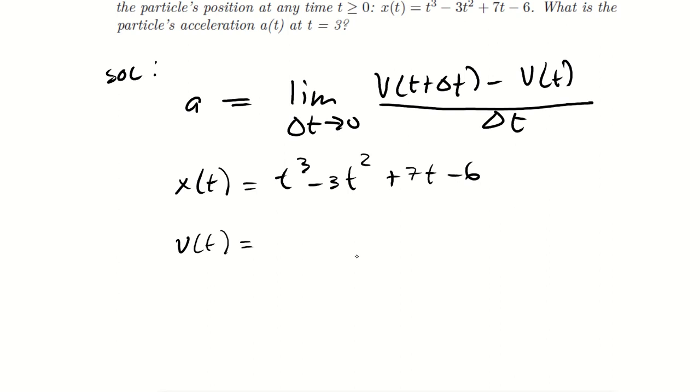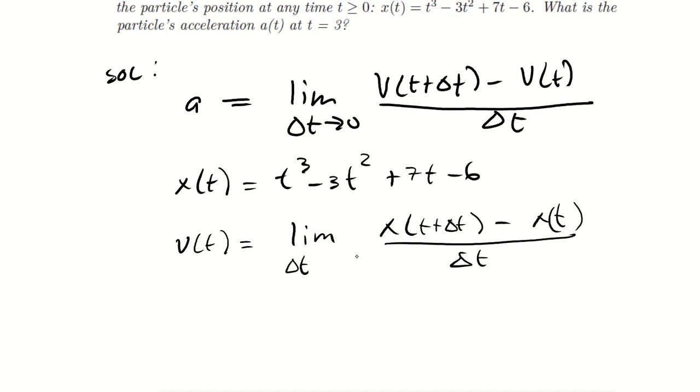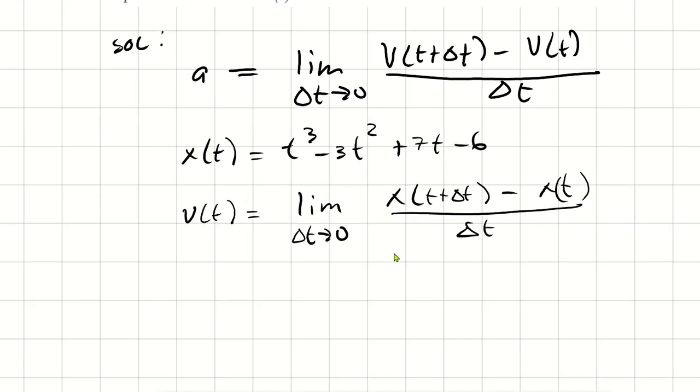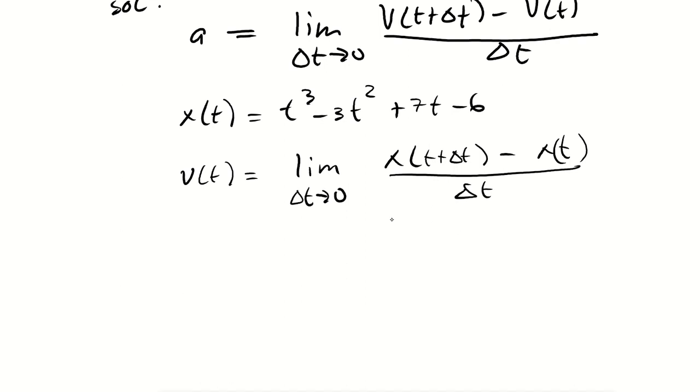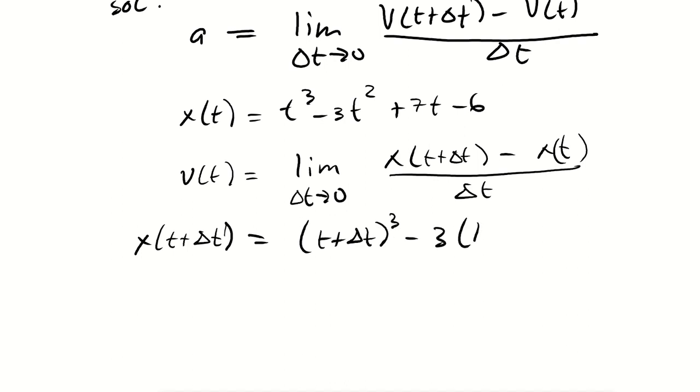v of t now will be equal to the limit of x of t plus delta t minus x of t, all over delta t, as delta t approaches 0. So what is x of t? This is x of t. x of t plus delta t will be equal to (t plus delta t) cubed minus 3 times (t plus delta t) squared plus 7 times (t plus delta t) minus 6.